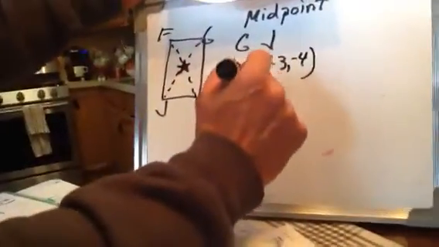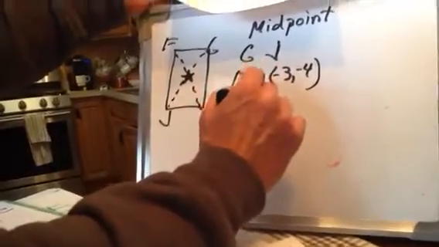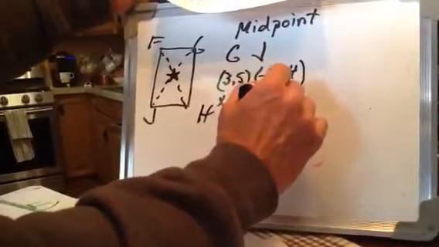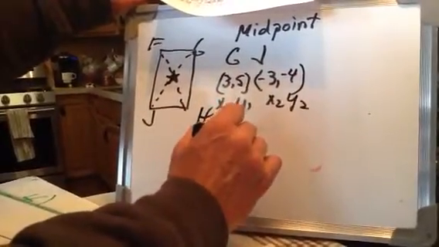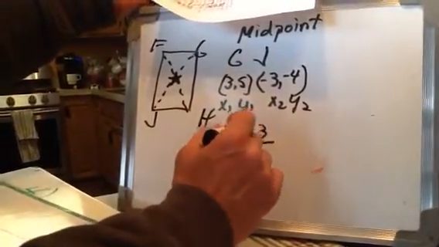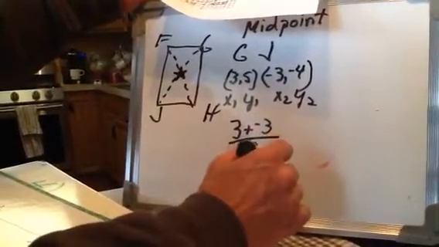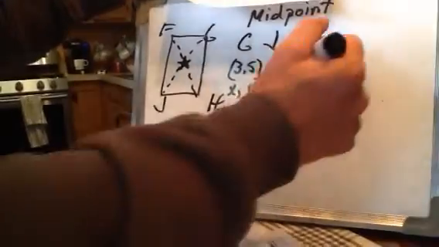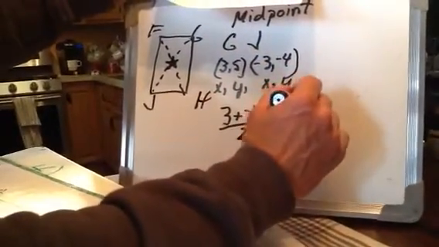Okay, and then what you guys should have learned is that when I have x1, y1, x2, y2, we add the x's together. 3 plus -3 divided by 2. So 3 plus -3 is 0, divided by 2 is 0. Yeah, 0. Thank you.